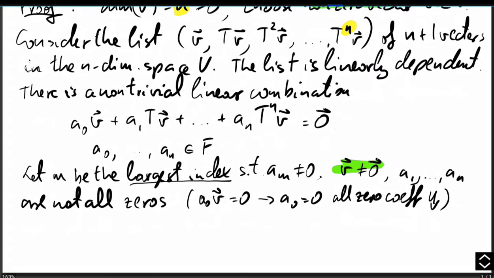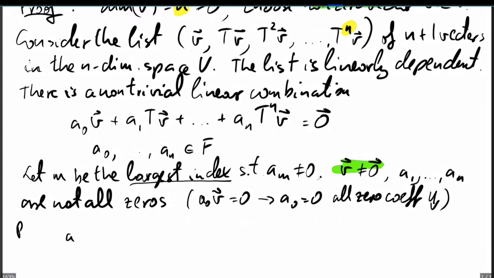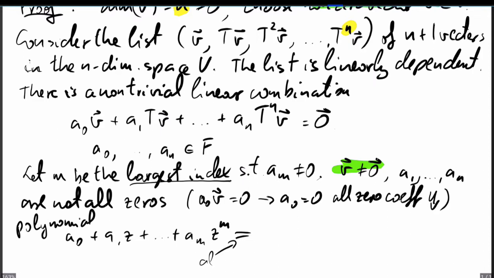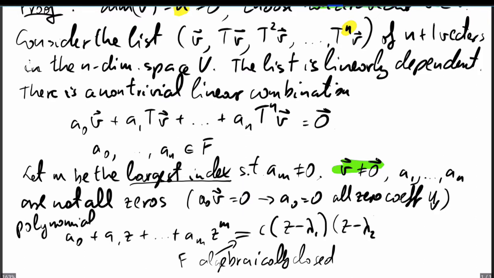So we consider then only that part of the polynomial, and we create a polynomial a0 plus a1 z up to am z^m. And then, because this is an algebraically closed scalar field F, only for this reason we know that we can factor this polynomial using the roots of the polynomial: z minus lambda 1 times z minus lambda 2 up to z minus lambda m.